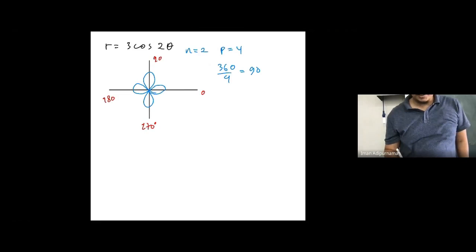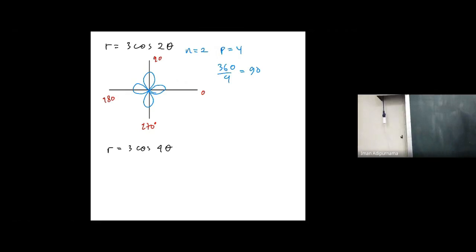What will happen if we multiply the angle? So now 2 becomes 4. In sine, you need to split the angle in two, right? From 45 it becomes 22.5.